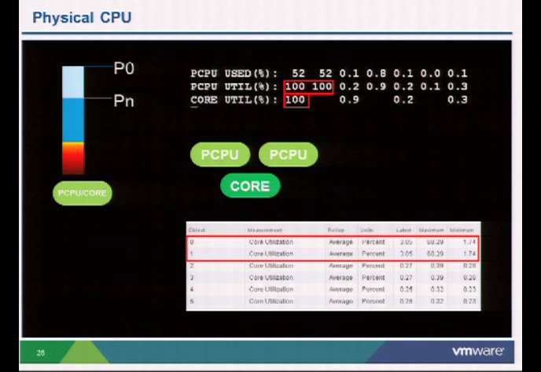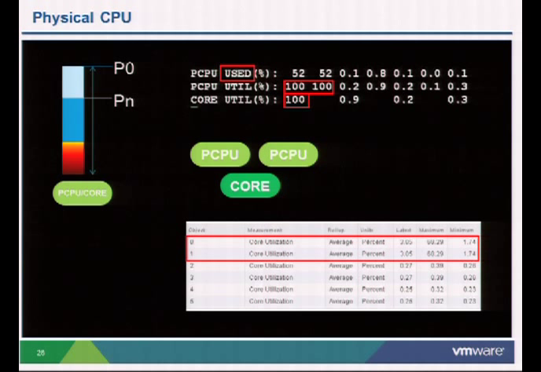So there could be many steps: 2 gigahertz, 1.5, 1.25, and so on. Let's call that Pn. Now you have 2 reference points. Your usage could be measured with reference to the rated clock frequency, or with reference to the current clock frequency. The one measured with reference to the rated clock frequency is called used.